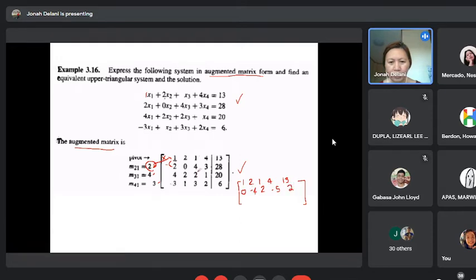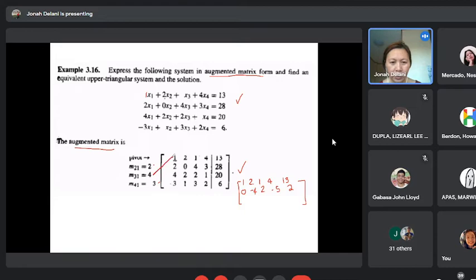We do the same in the next row. So in the next row, what he did is 4 divided by 1, that's 4.